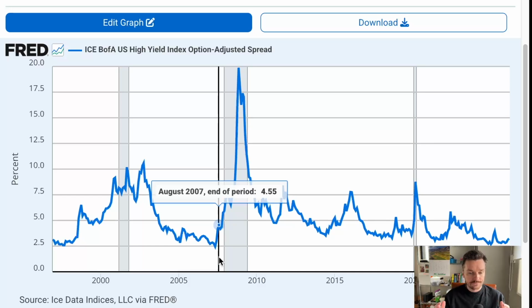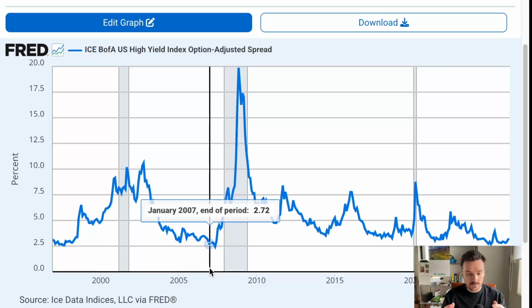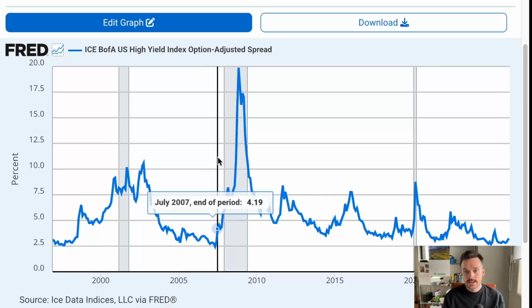So it shows how the risk appetite of credit is in the U.S. economy. A higher spread means that more people are moving away from the riskier credit, a risk-off situation. And lower numbers usually mean more of a risk-on situation, where people are more into higher yield assets.